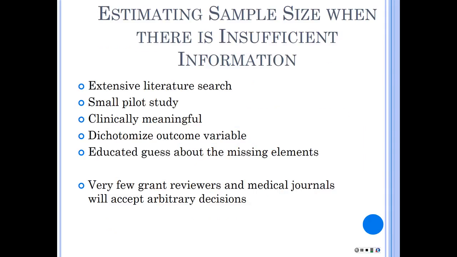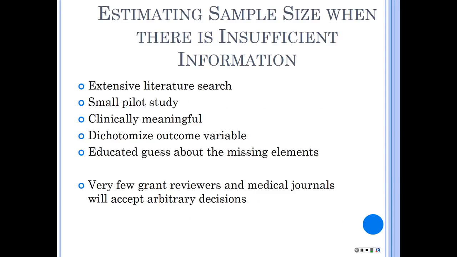So what do you do when you don't have enough information to calculate a sample size? You want to make sure first that you've done an extensive literature search. We've also mentioned previously that you could conduct a small pilot study. Also, think about what's going to be clinically meaningful with regards to your study.